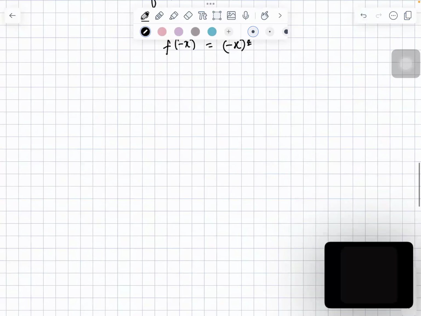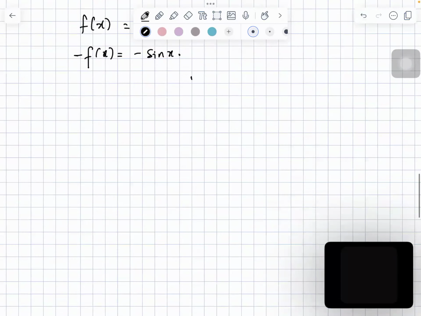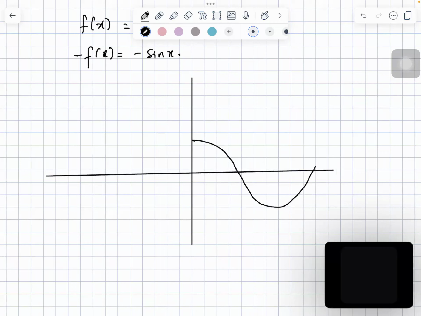What if it was sine x? F of x equals sine x, and then negative f of x equals negative sine of x. What would happen to the graph of sine now? Actually, this is the cos graph. This is sine, sorry.